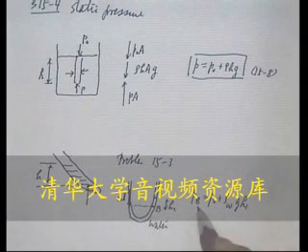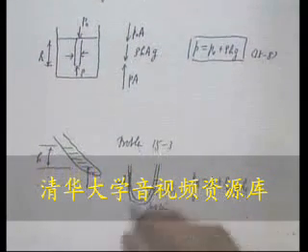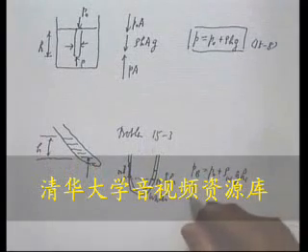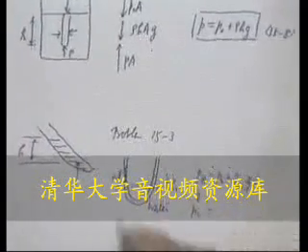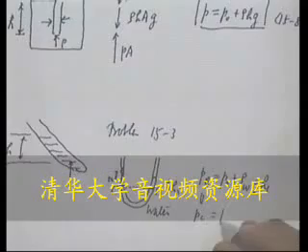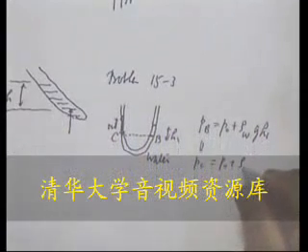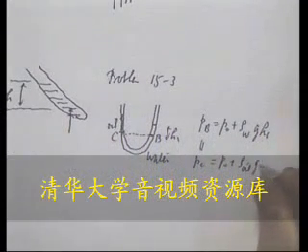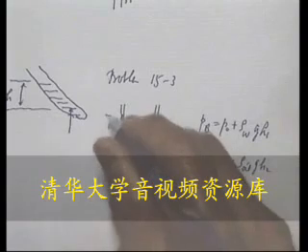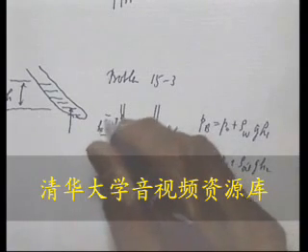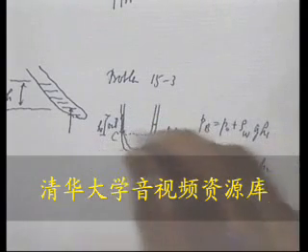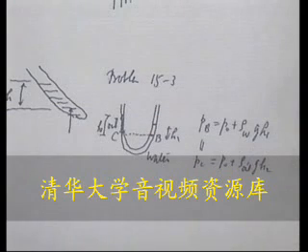But the pressure at B is equal to the pressure at C. And the pressure at C is equal to P0 plus rho oil times gH2, where this distance is H2. H2 is the height of the oil.